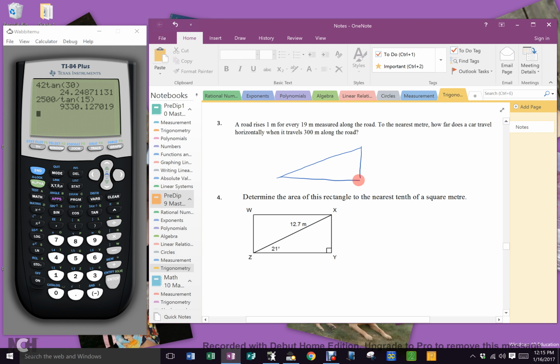Where is the 1 meter of rise? Right, there is my 1. Where is the 19 meters measured along the road?